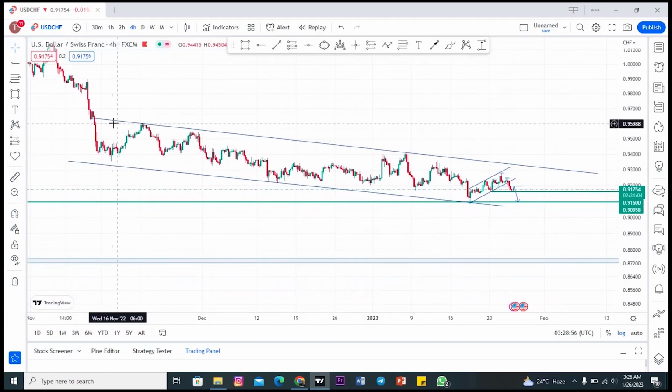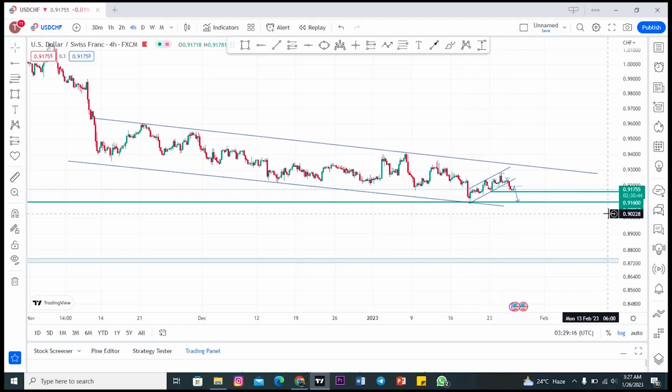You can currently see we have price moving in a bearish type of pattern and gaining a support right at this point. Now you can see we have a trend inside a trend. Price is trending into the downside, and now we have a trend inside the trend. This is what I'm talking about.